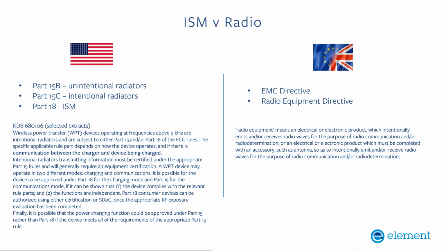So it is slightly dependent on the product itself and how it works as to which of those parts the WPT device falls under the scope of for regulatory approval in the US itself. And I'll get onto the detail of that in the next slide.